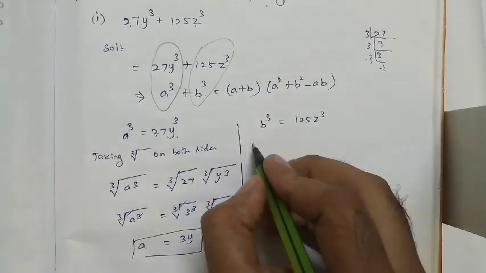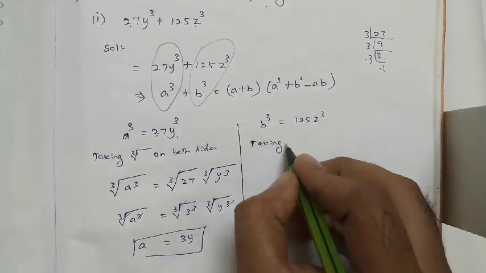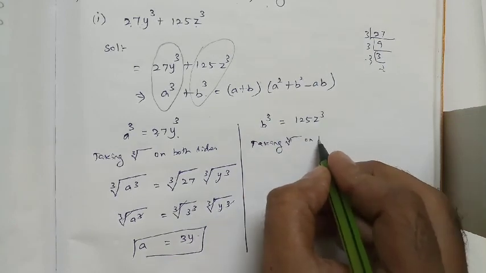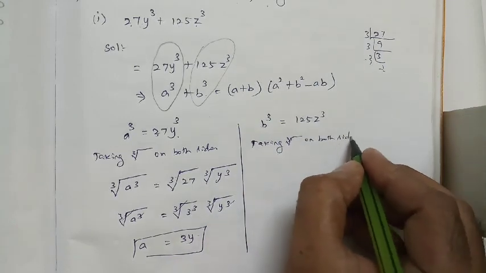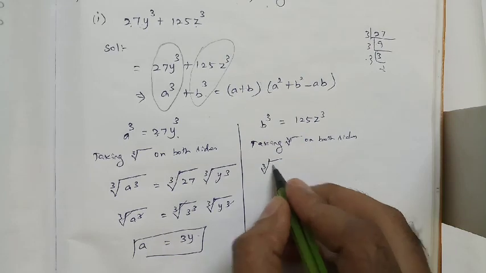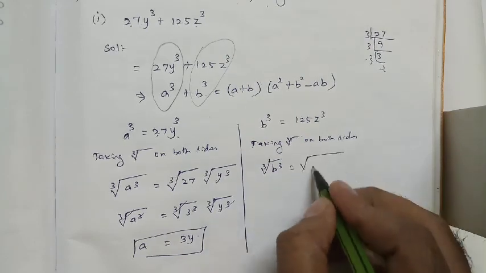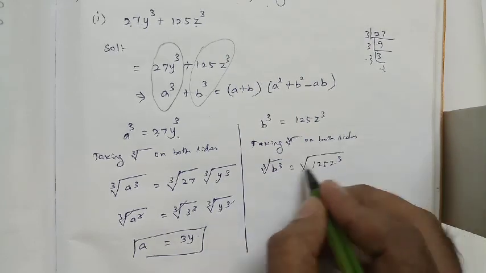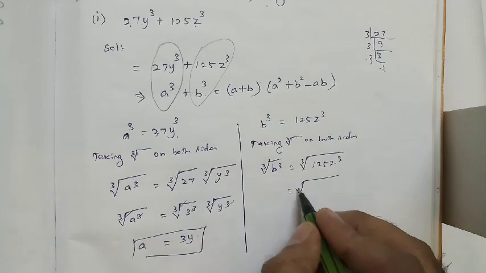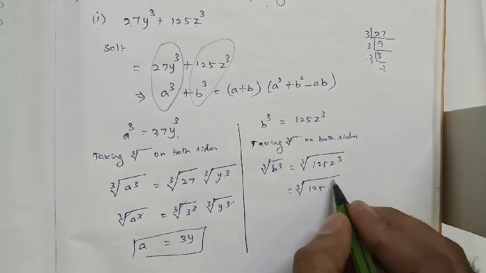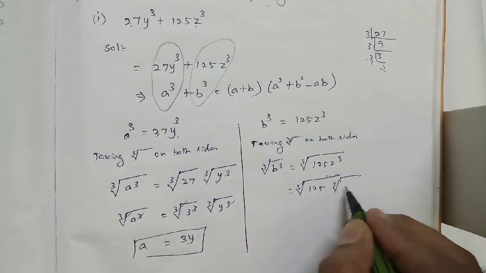Next, b cube. Same thing, taking cube root on both sides, so the cube root of b cube is equal to the cube root of 125 z cube. First split the cube root of 125 into the cube root of z cube.